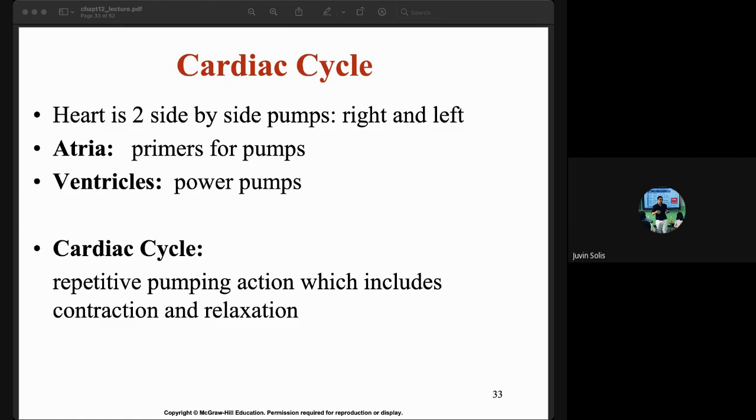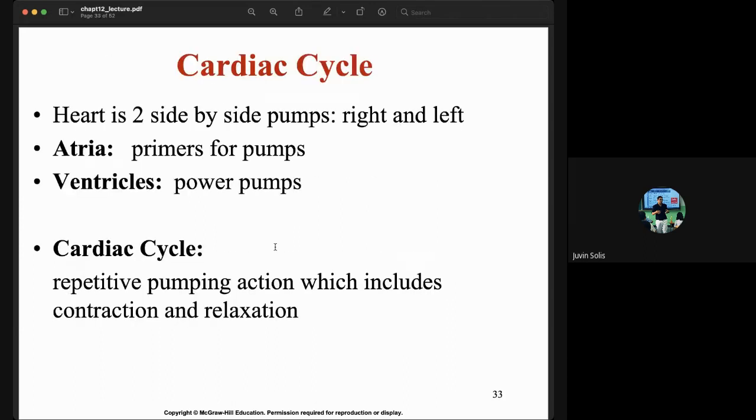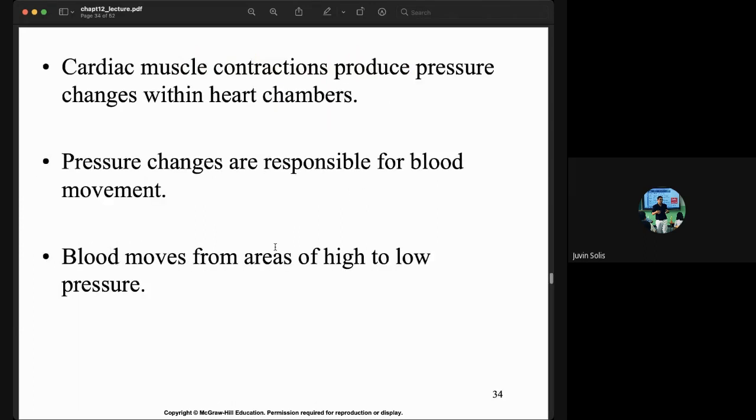Your cardiac cycle is a repetitive pumping action, which includes contraction and relaxation. Yung cycle, blood flow, we already learned that a while ago. Cardiac muscle contractions produce pressure changes within the heart chambers. Pressure changes are responsible for the blood movement, and blood moves from areas of high to low pressure.